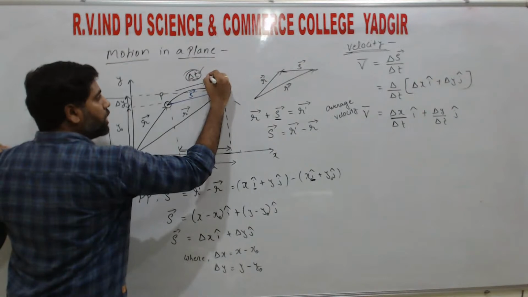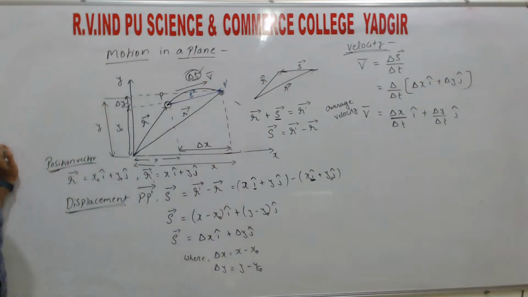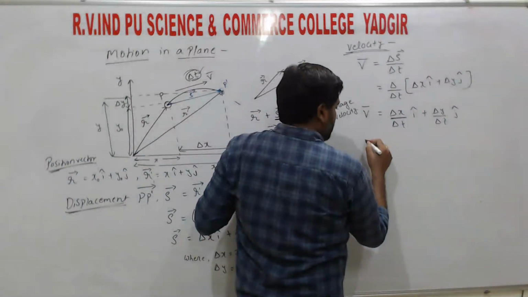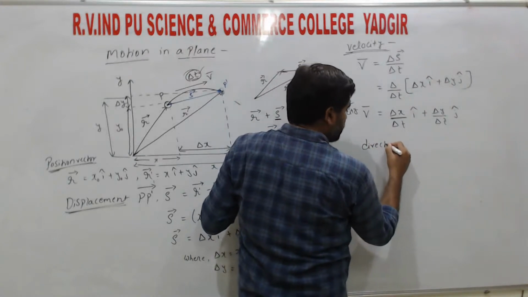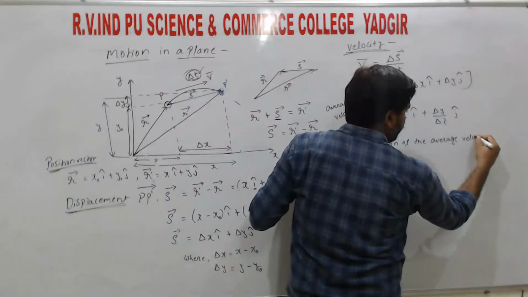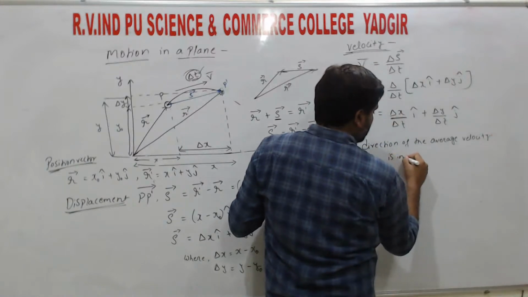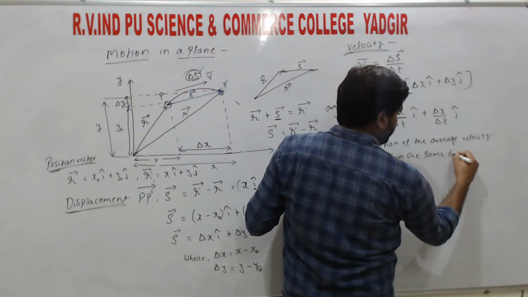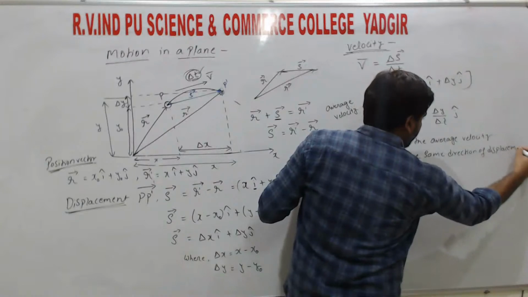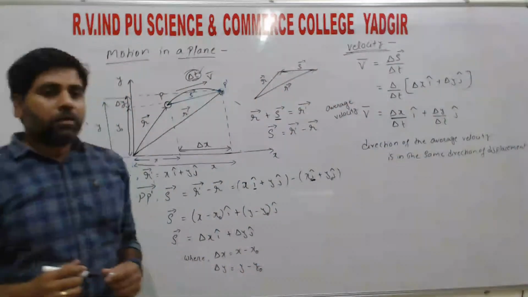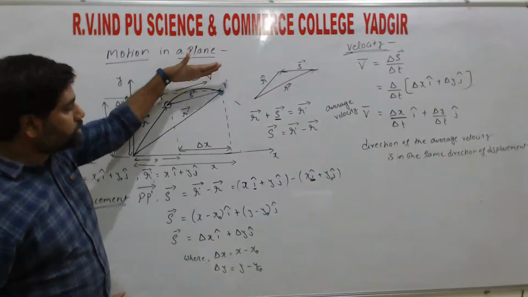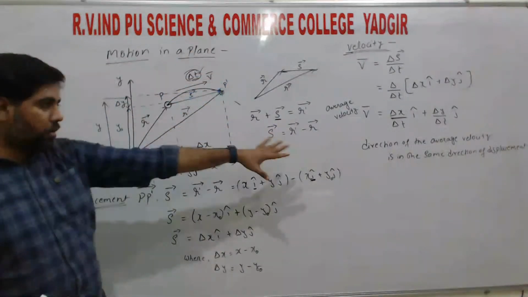So this gives the direction of the average velocity, right? The direction of the average velocity is in the same direction as the displacement. So whichever direction the displacement happens in, the average velocity is also in the same direction, that is what it explains, right?